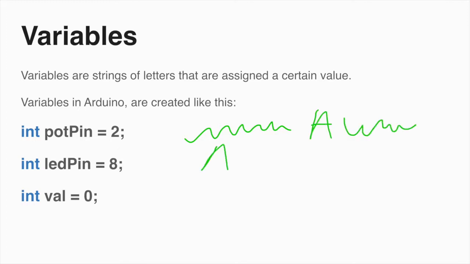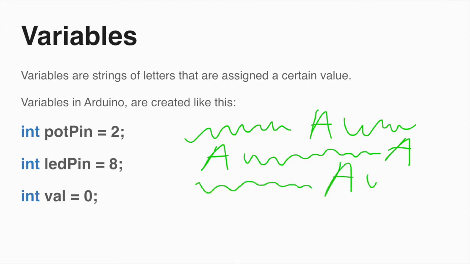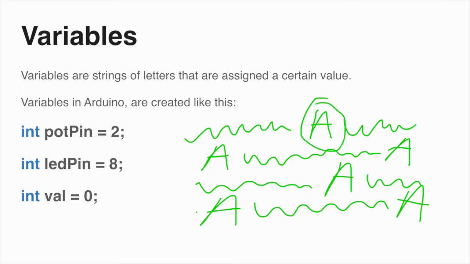Pause this video and see if you can guess. What I'm actually saying is 4 red balls. So every time A is mentioned, it doesn't matter where, that's what I'm saying it is: 4 red balls.